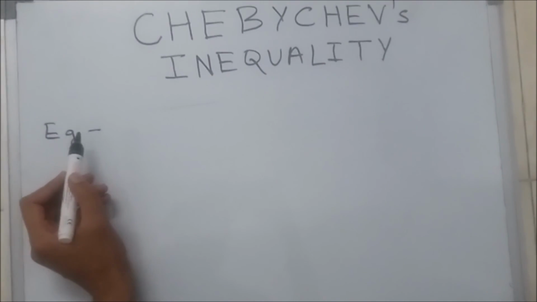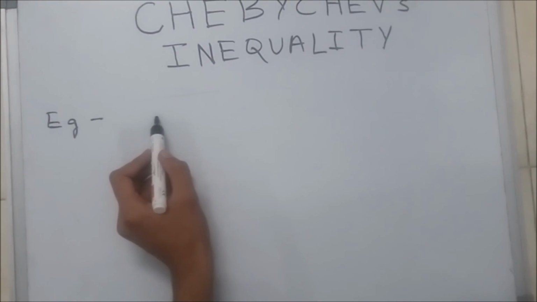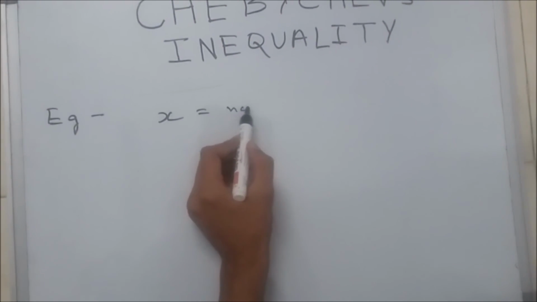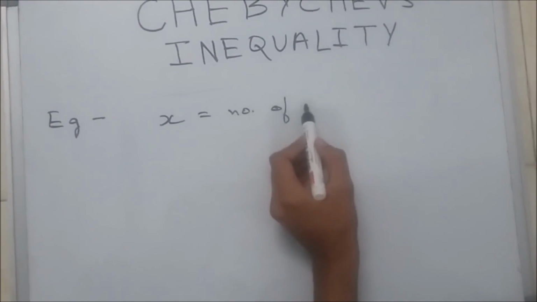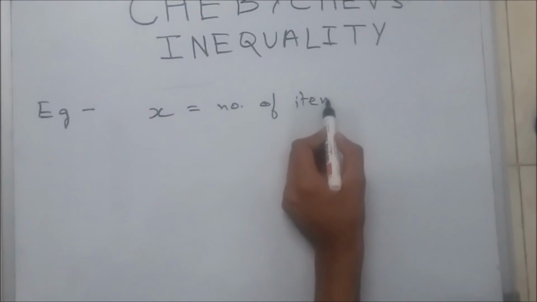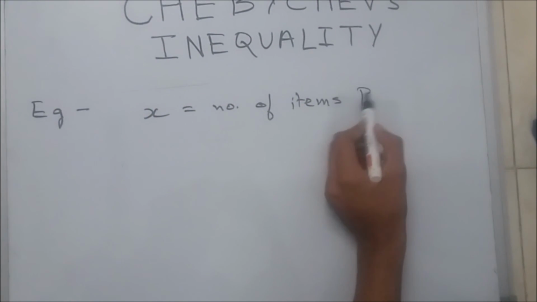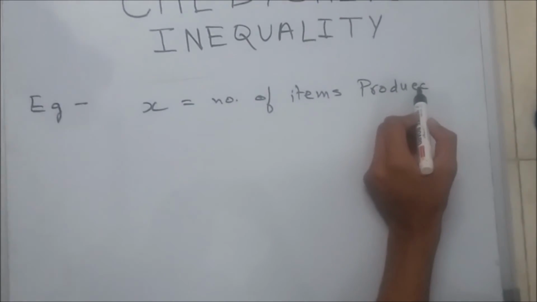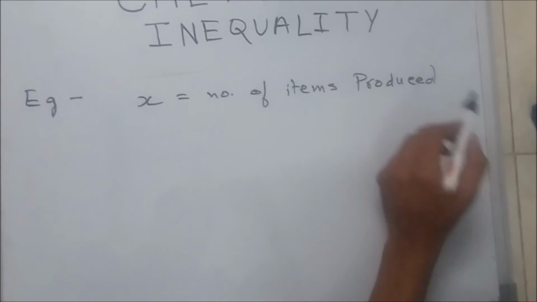Now let's see an example of Chebyshev's inequality. Let us take a random variable x, which denotes the number of items produced weekly in a factory. Let me write it down. Yeah.